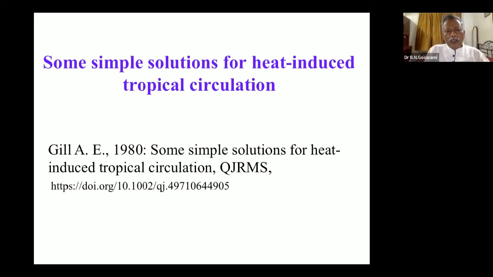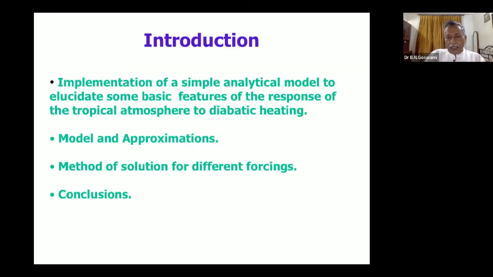Okay. So as I said, Gill came up with a very nice, simple way of calculating the response of the atmosphere to a given localized heating, and that is what I'm going to try to discuss now.